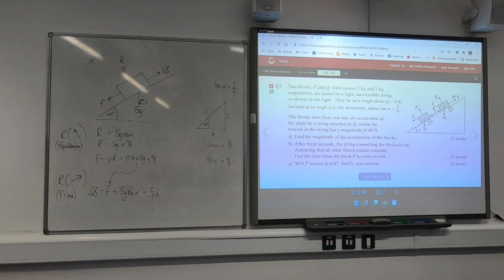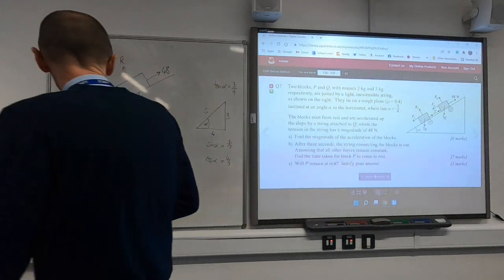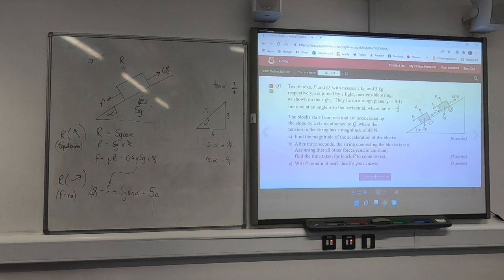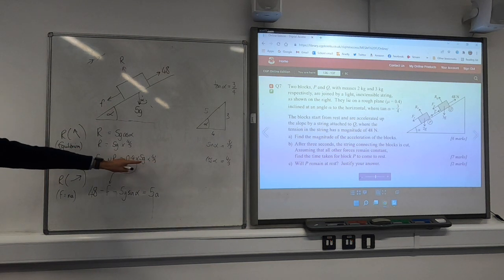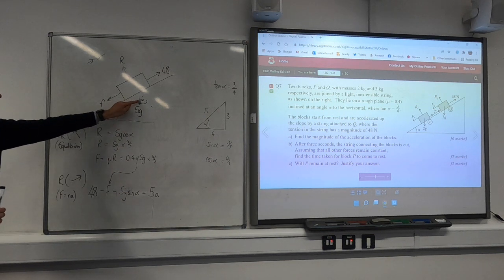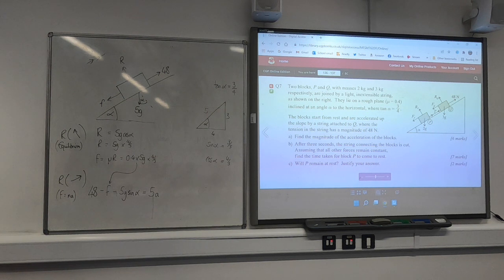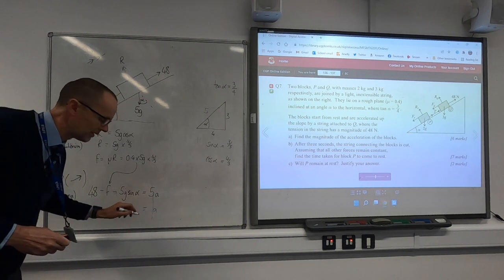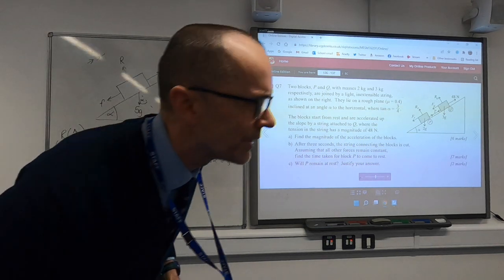So force is going up the slope, 48. Force is coming down the slope, the friction resisting that movement, and I've worked out the size of it because I resolved perpendicular and multiplied it by mu. I've also got the weight, don't know that angle, so I have to use sine of that angle, and I know what the sine is. And that all works out nicely.